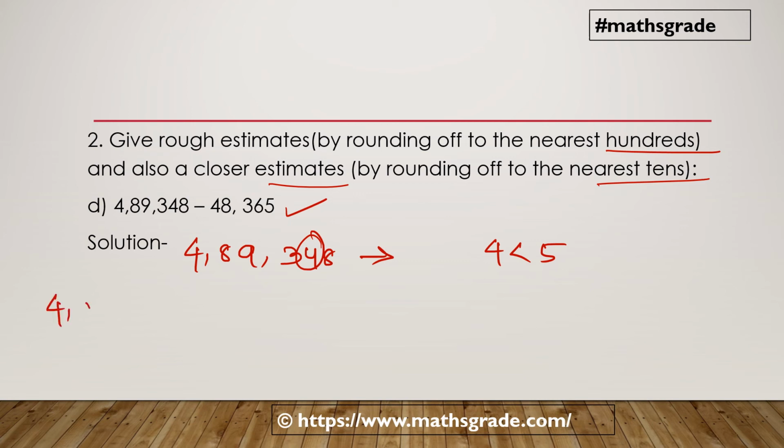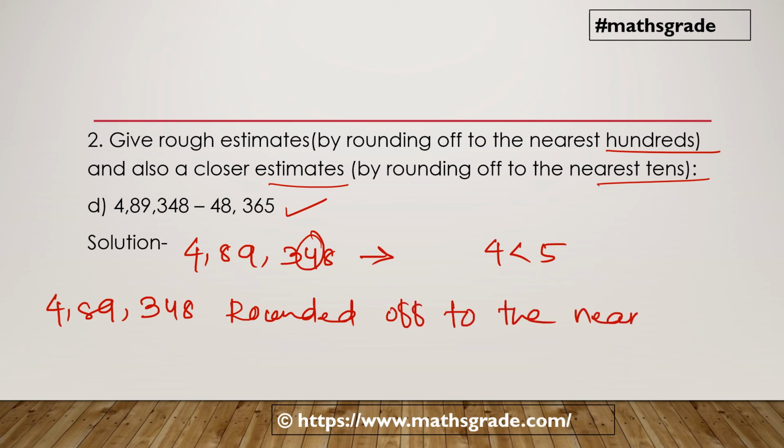So 4,89,348 rounded off to the nearest 100 is 4,89,300.